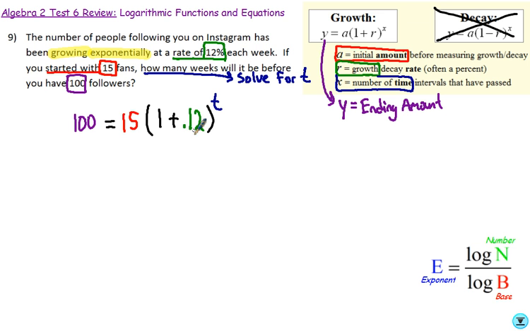A couple of things I want to do. First of all, I need to combine what's inside the parentheses, so I would have 1.12 to the t. Okay, there's my base, there's my exponent, there's my number, and then it's like, hey, wait, there's this extra 15 here. Well, what I need to do is divide both sides by 15.